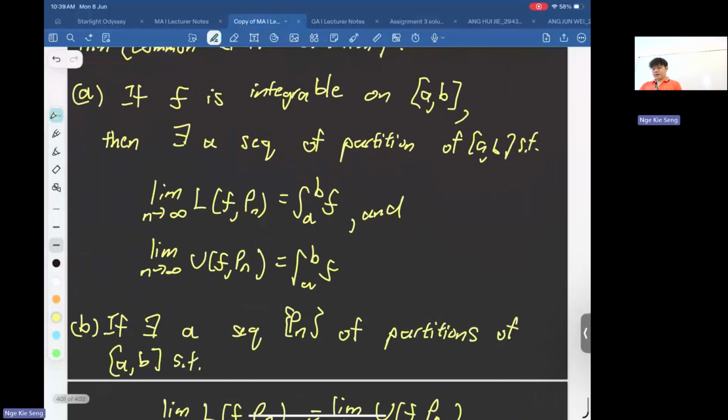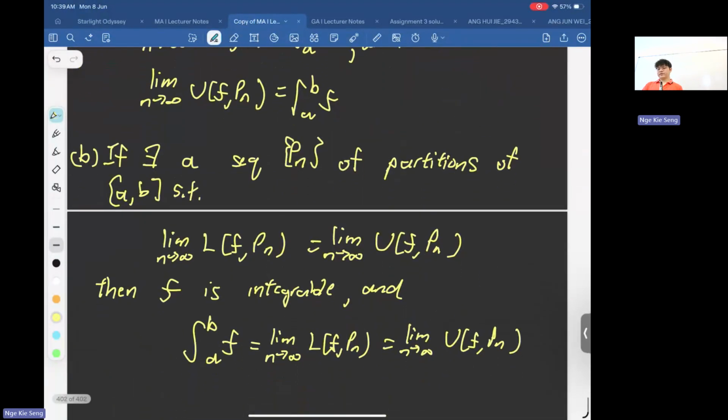So from this limit criterion, what you see is that if I can find a sequence of partitions such that the limit of L(f,P_n) is equal to the limit of U(f,P_n), then we know that f is integrable, and the integral is the two limits here. So now we turn the question of finding infimum and supremum into a sequence. Do you think that this makes life easier?